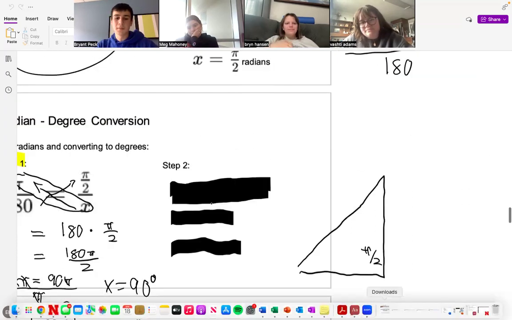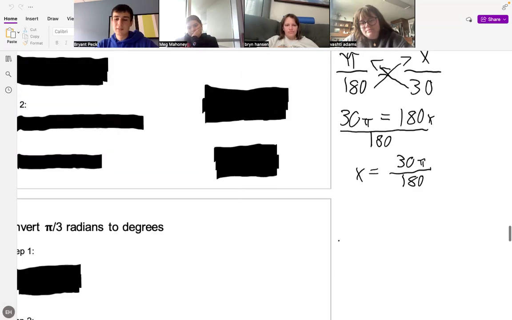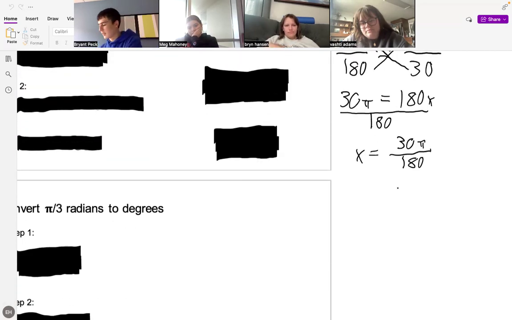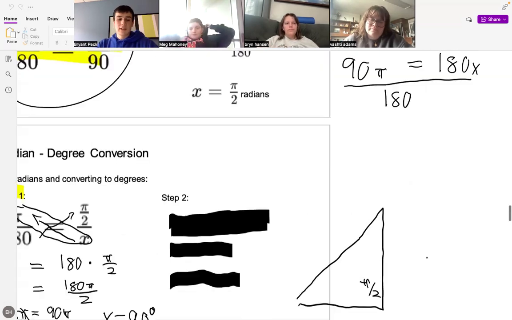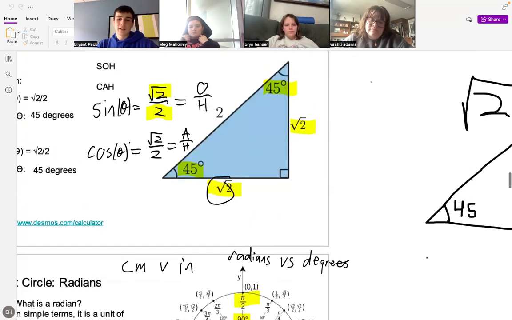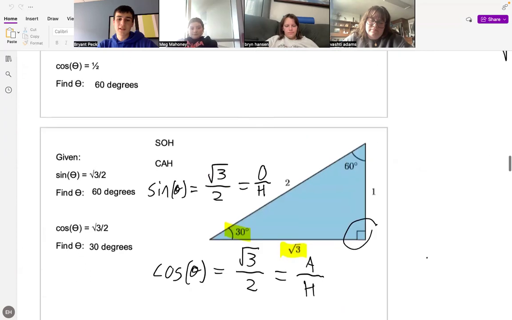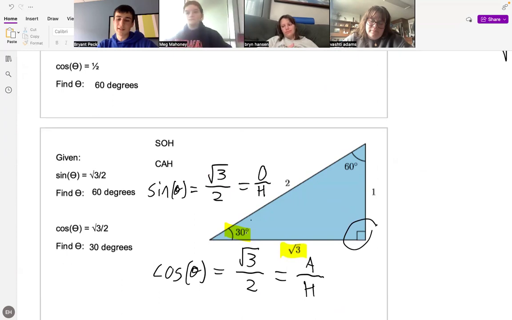Okay. So we can see, based on what we've proven, that x does in fact equal pi over 6. And we started with 30 degrees, right? And if we were to go back up to this triangle, we could write this 30 degrees as pi over 6 as well. It means the same thing.